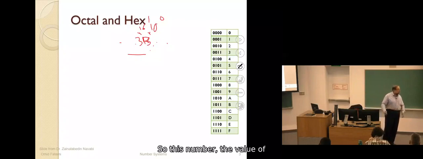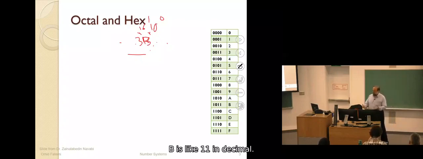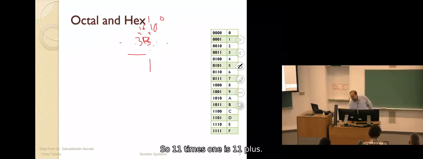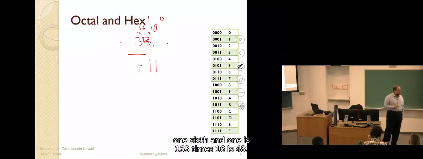So this number, the value of this number in decimal would be how much? B is like 11 in decimal. 11 times 1, 16 to the 0 is 1. So 11 times 1 is 11 plus 3 times 16 to the 1. 16 to the 1 is 16. 3 times 16 is 48.